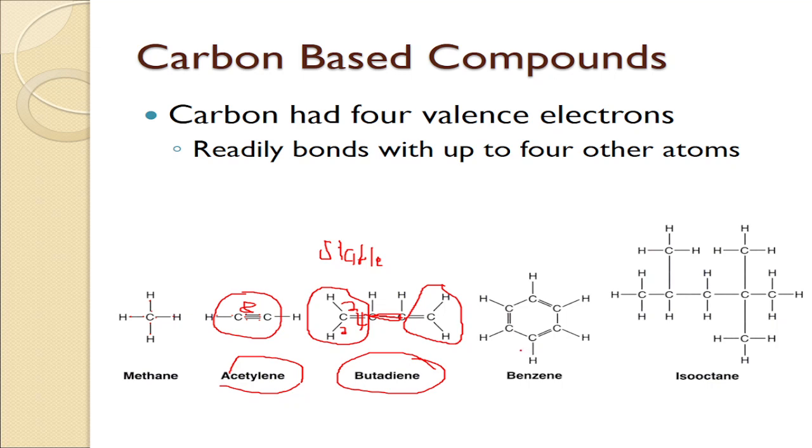This configuration gives us 8. This configuration will give us 8. And 8 here, then 8 here, and 8 here. So each carbon atom is stable.